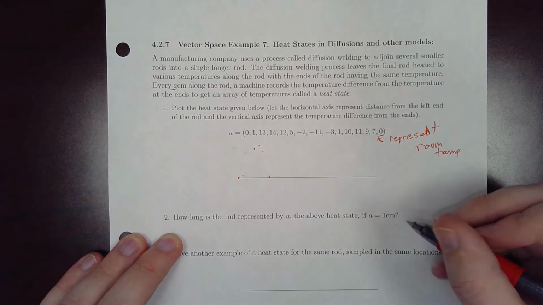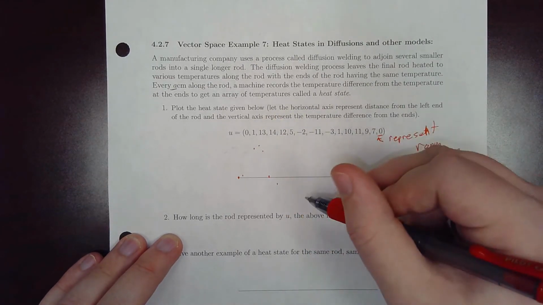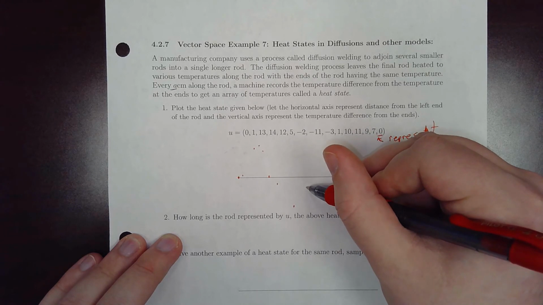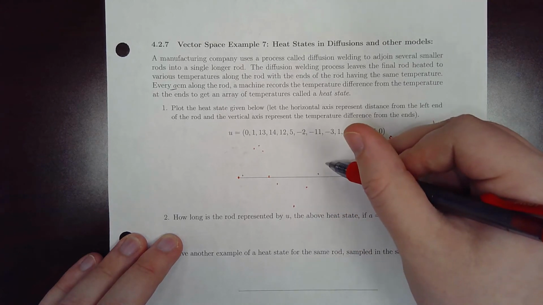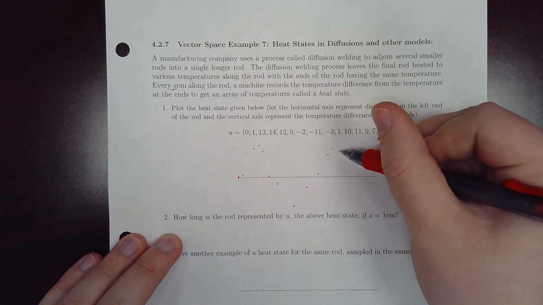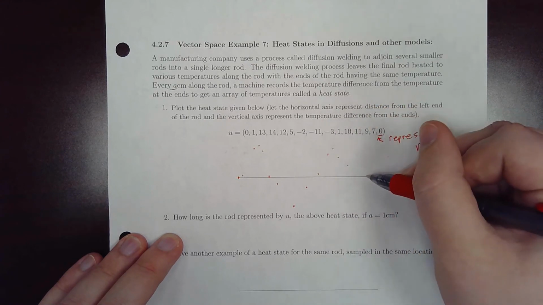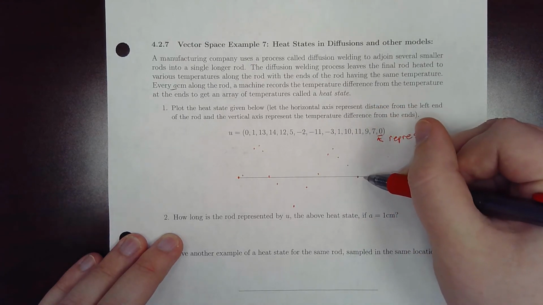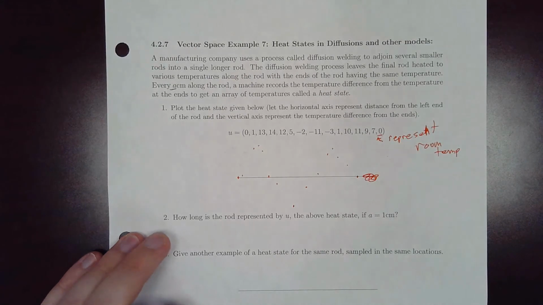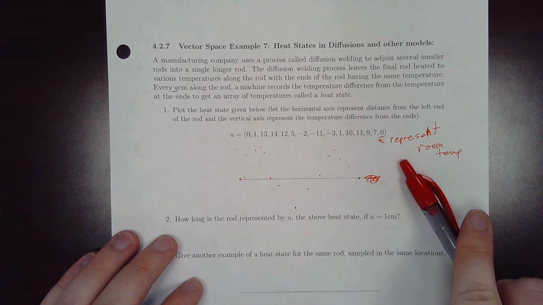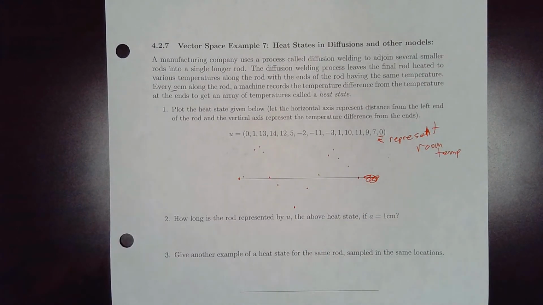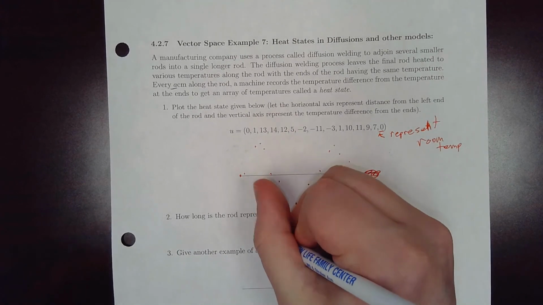I'm going to wish I had spaced this better. -2, -11, -3, a 1, a 10, an 11, a 9, a 7, and a 0. This is the end of my rod. I don't need any of this other bit. So here we have 14 centimeters length of rod.